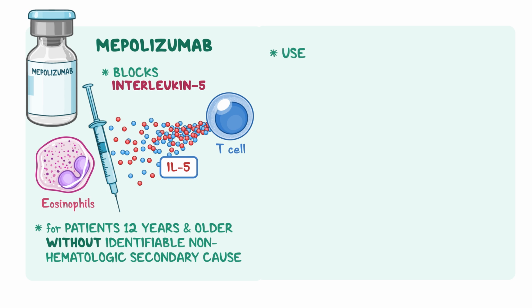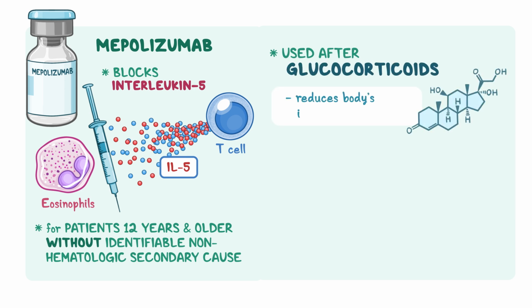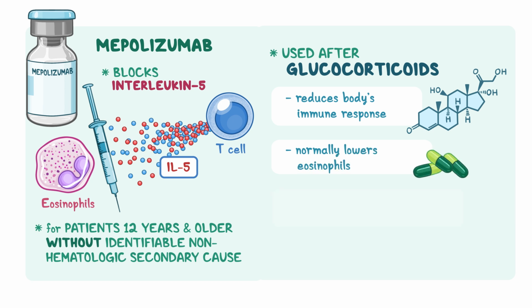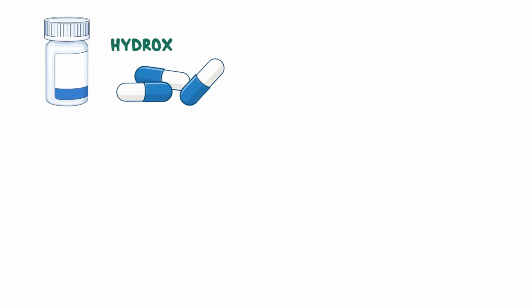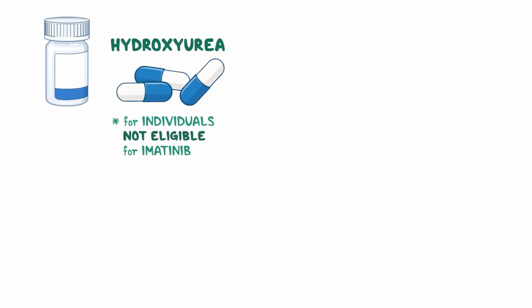Mepolizumab is typically used after glucocorticoids, an anti-inflammatory medication that reduces the body's immune response and normally lowers eosinophils. Glucocorticoids can be given orally or intravenously based on symptom severity, and may be taken for several months or lifelong. Hydroxyurea can be used in individuals who are not eligible for imatinib or who do not improve with glucocorticoids alone.